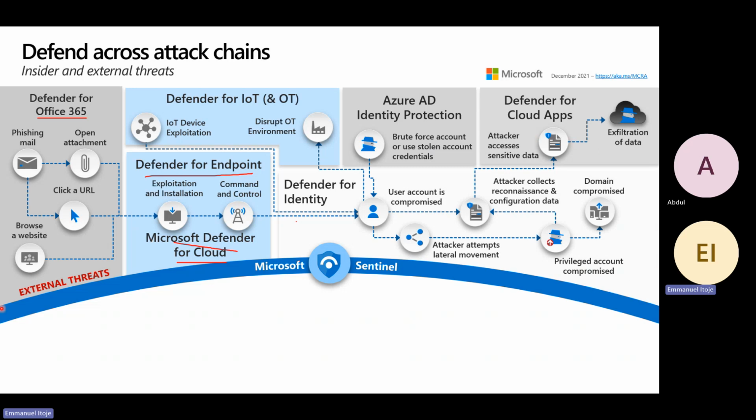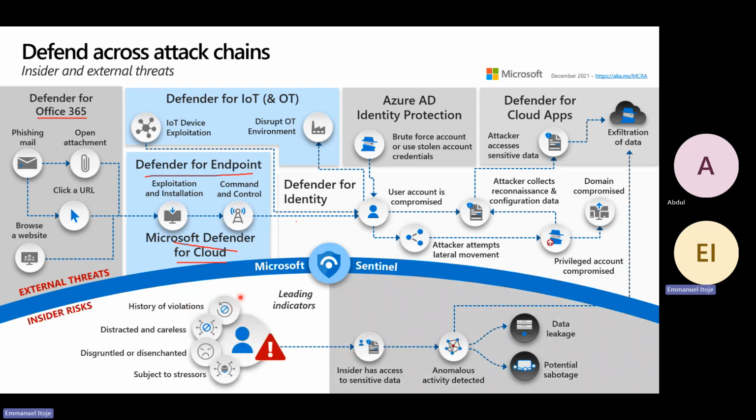Then the security information and event management and the security orchestration, automation and response, which is actually talking about Microsoft Sentinel down here, which provides a unified visibility. The tool basically has event logs and alerts from other security tools, then even from other line of business applications, network devices and more.